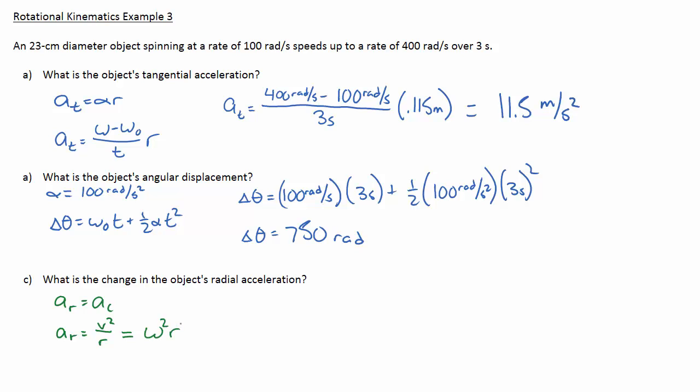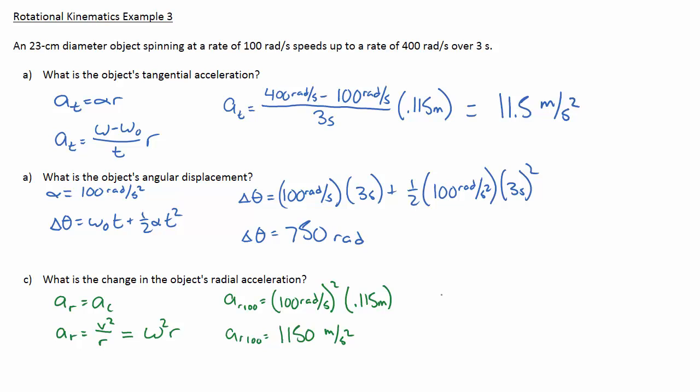So at 100 radians per second, I know if I just plug this in, so it's 100 radians per second squared times the radius, which is 0.115 meters, that will give me my radial acceleration at that angular speed, and that's going to be 1,150 meters per second squared.